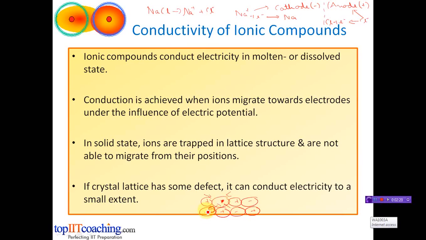For example, if this negative ion moves to this vacant site, this particular location will be vacant. This process can continue. So eventually we have a vacant site which we call a hole, which is migrating across the crystal lattice. This process is known as, you must be knowing, semiconduction.